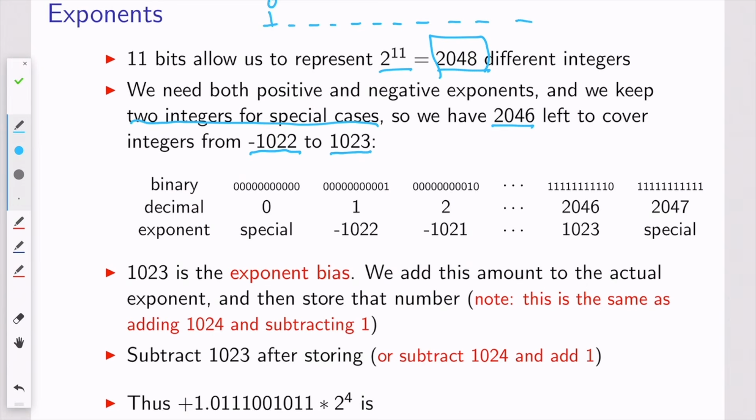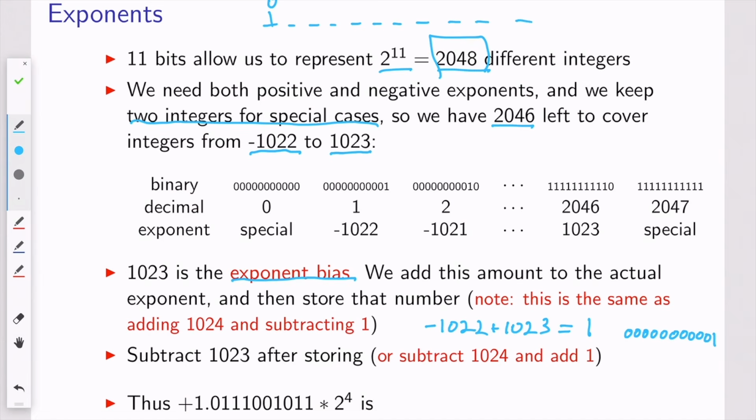And so there's this thing called the exponential bias, okay? And that is the number that you add to the actual exponent to store, okay? So in other words, if you wanted to store the exponent minus 1022, what you would do is you would add 1023 to it, that equals 1, and then the exponent that you would store is 0, 0, 0, 0, 0, 0, 0, 0, 0, 0, 1.